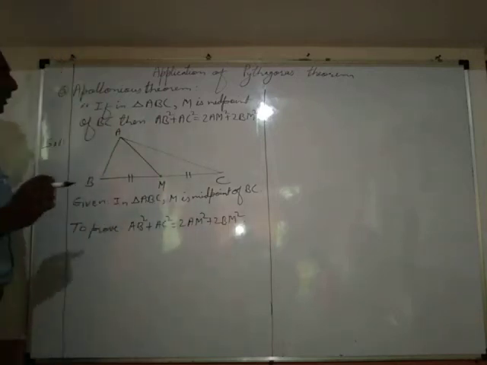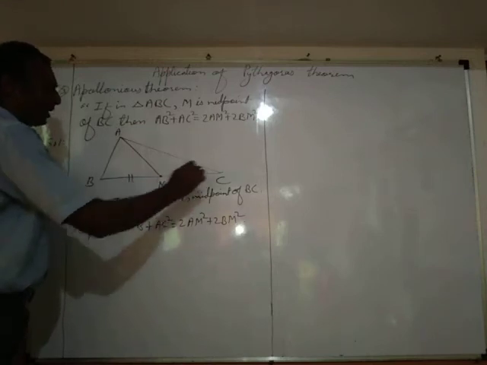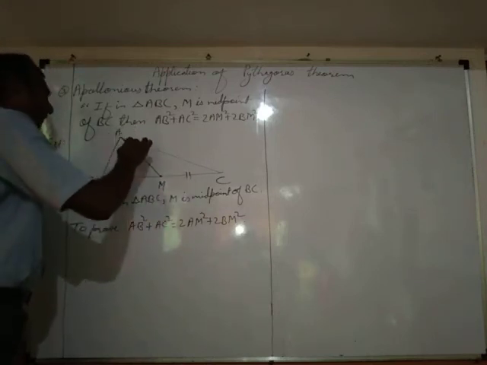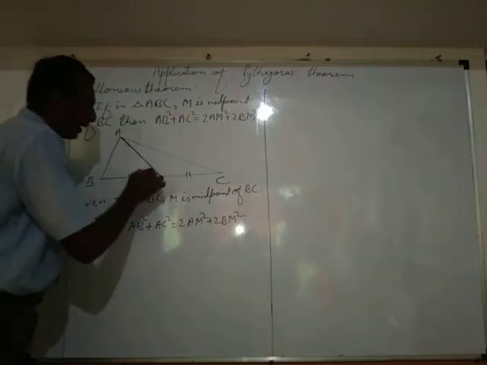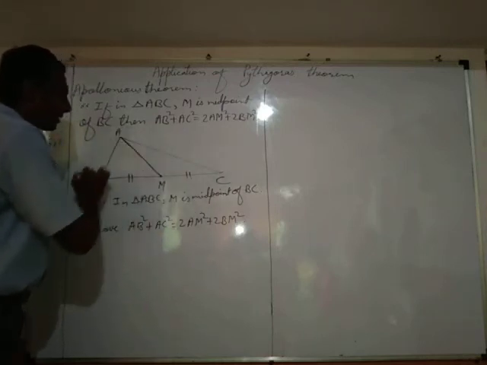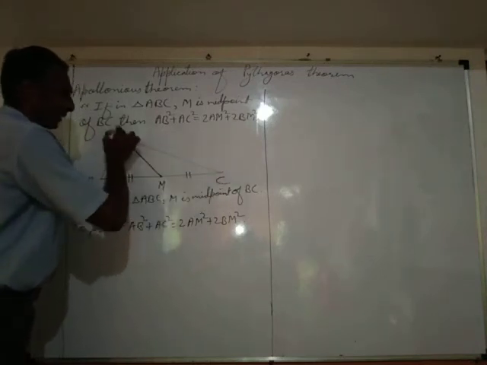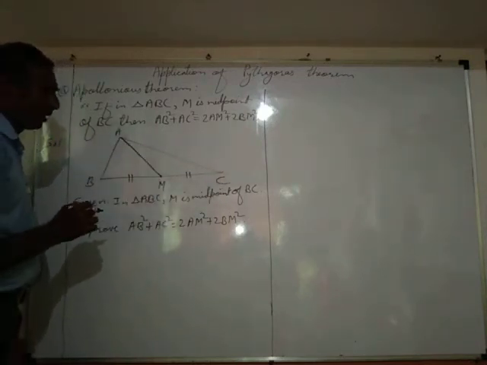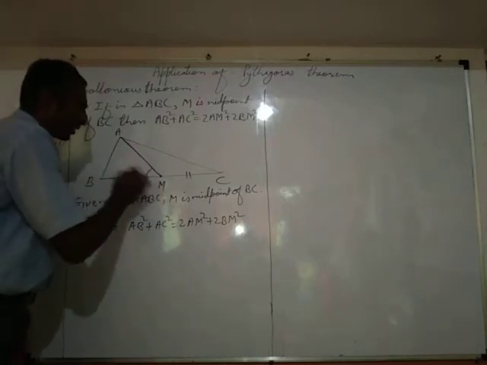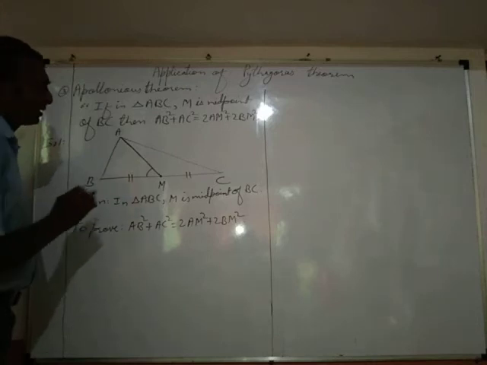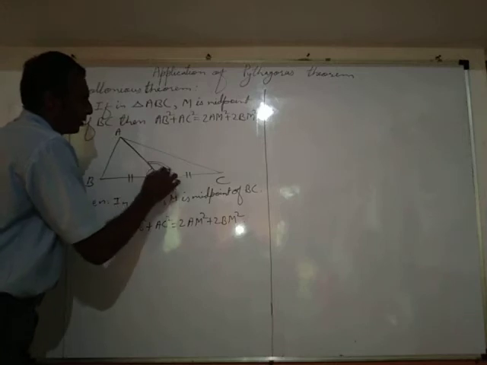Okay. Now, if you observe the diagram carefully, as M is a midpoint of seg BC, seg AM is a median. And due to this median AM, triangle ABC is divided into triangle AMB and triangle AMC. If you observe, angle AMB is acute angle. Similarly, angle AMC is obtuse angle.